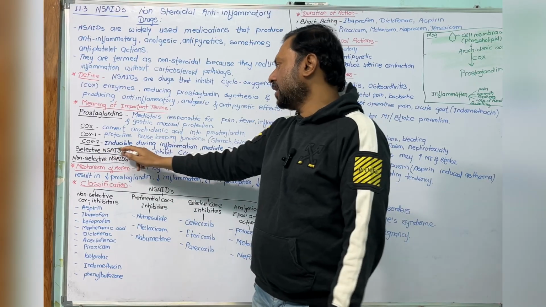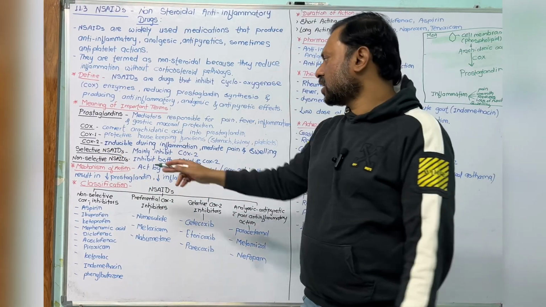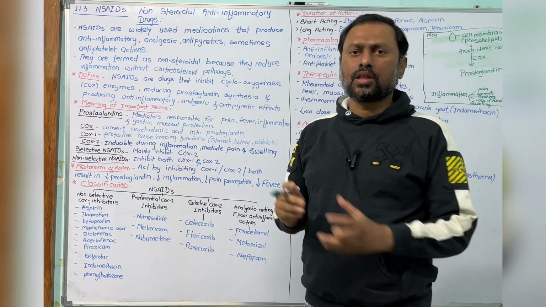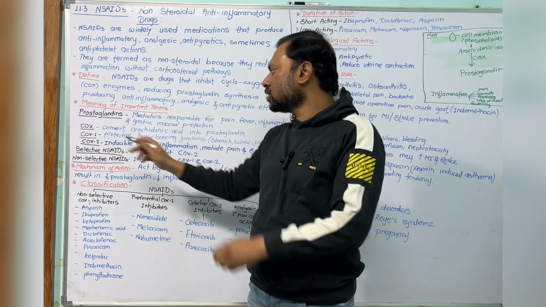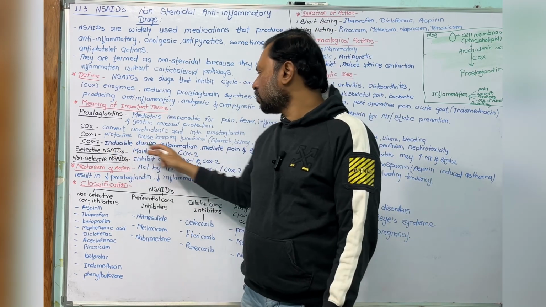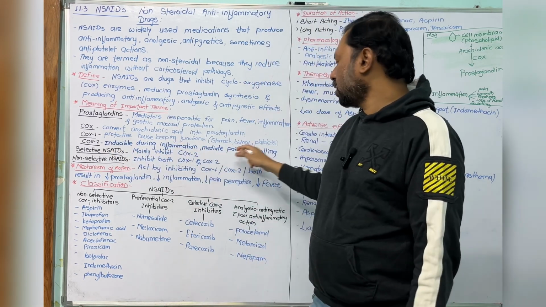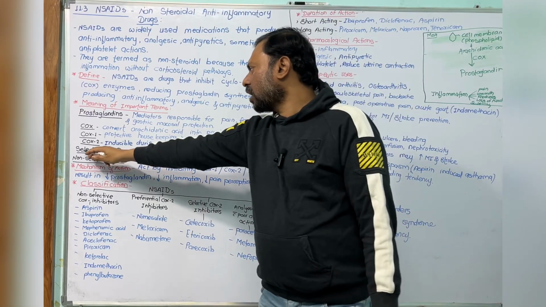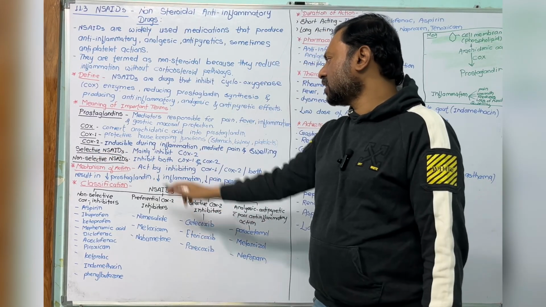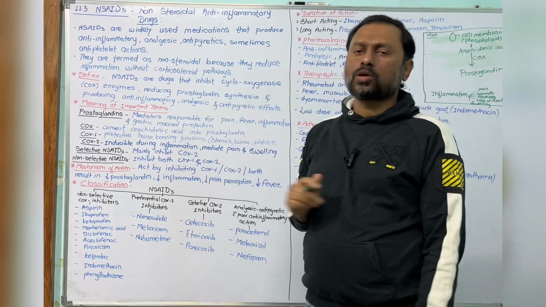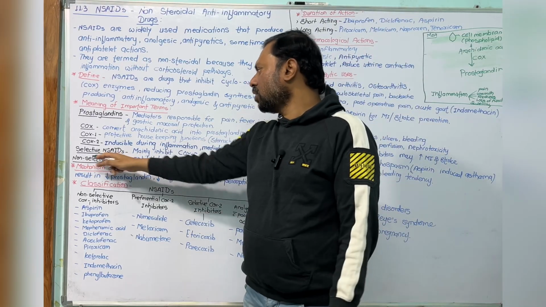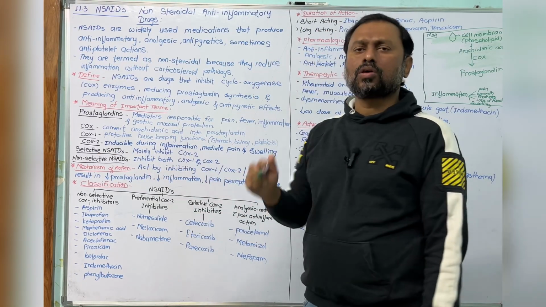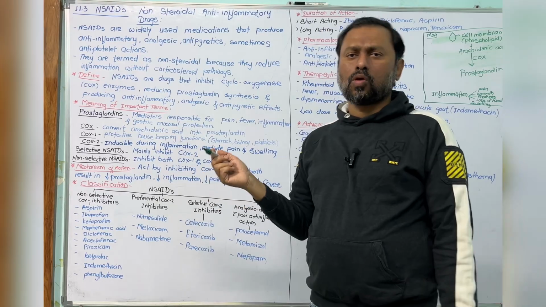Now selective NSAIDs. Selective NSAIDs mainly inhibit COX-2, because COX-2 is the main reason for inflammation, pain and swelling. So selective NSAIDs mainly select COX-2. Next are the non-selective NSAIDs. They inhibit both COX-1 as well as COX-2.